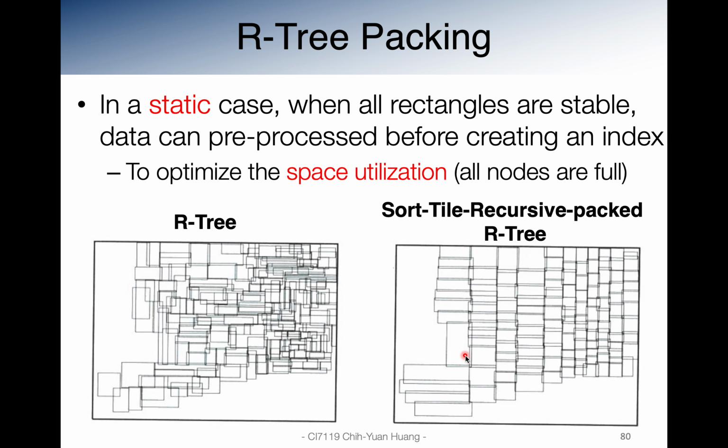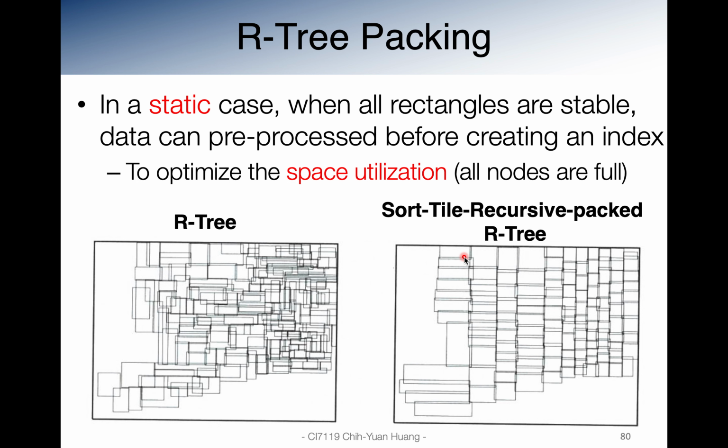By sorting the data and making them into tiles, the space utilization of each node can be maximized. In this case, all the disk blocks are utilized, and the smallest size of the tree can be achieved.